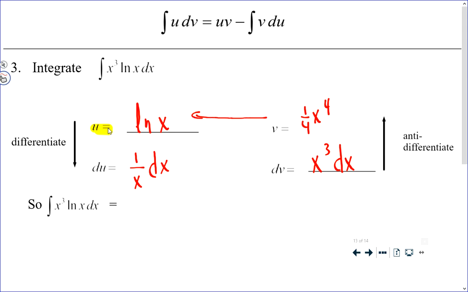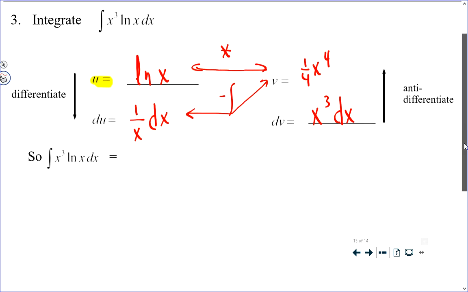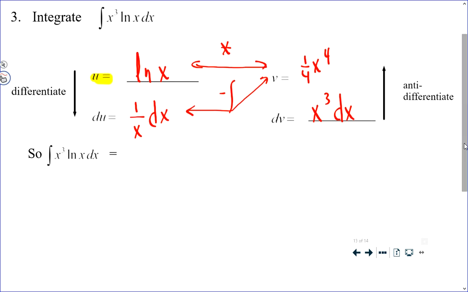We want the product minus the integral of the product. That gives us the integral of x cubed ln x dx equals 1/4 x to the 4 ln x. The order that you multiply these doesn't matter.